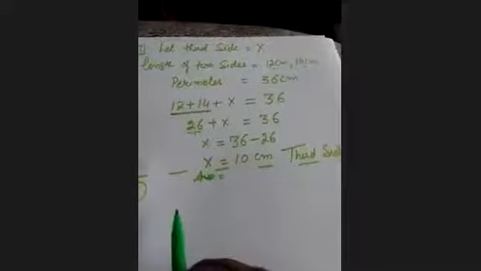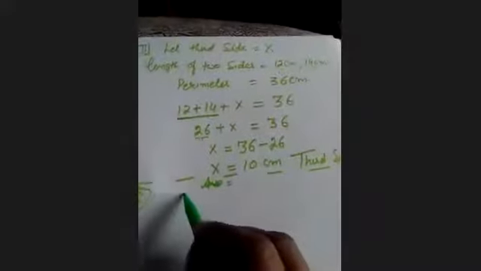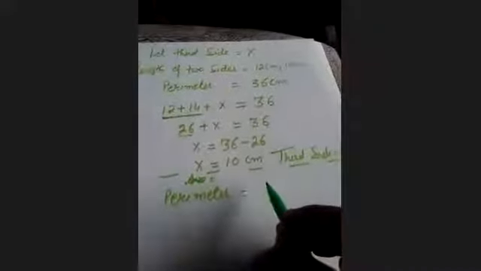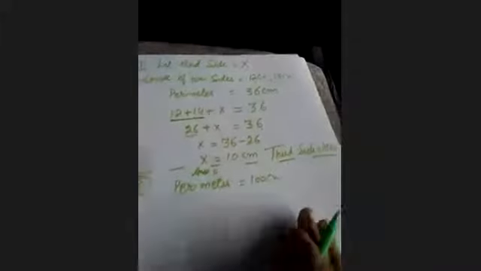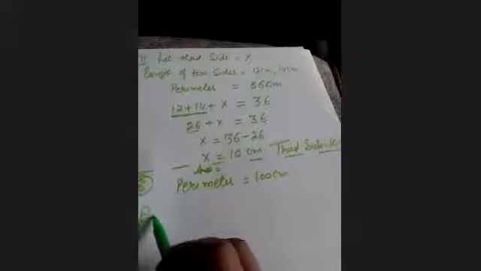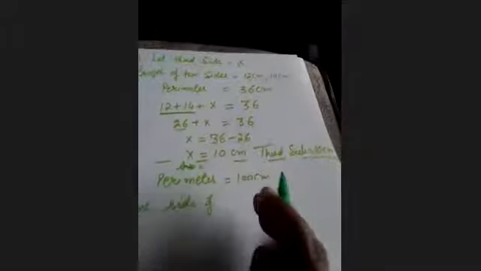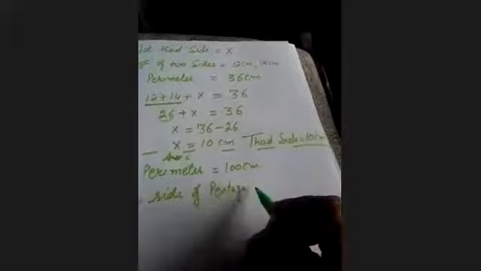Now we will find the side of the regular pentagon. Perimeter is 100 centimeter. Each side of the pentagon is the perimeter divided by 5.